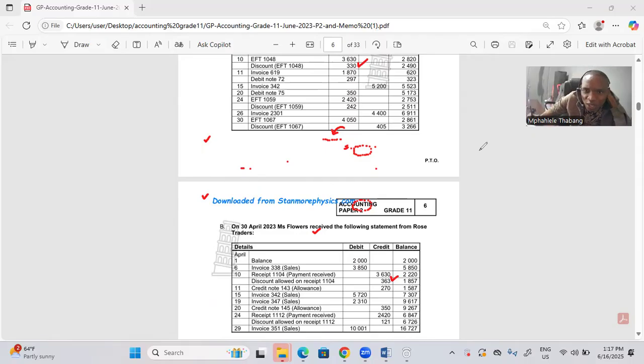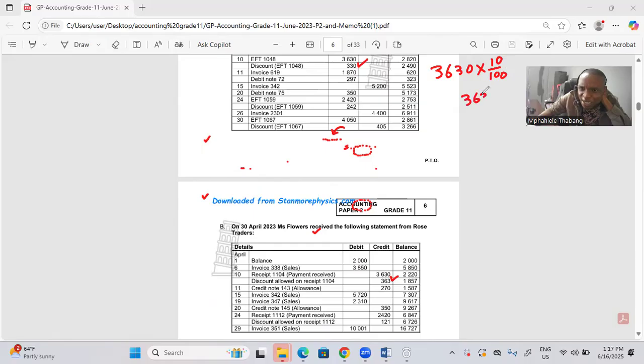So let us calculate the correct discount. I'm going to say 3,630, which is the amount the business was paying, multiplied by 10 divided by 100. It must be 363. If you say 3,630 and you calculate the 10%, remember the discount is 10%, you get 363.